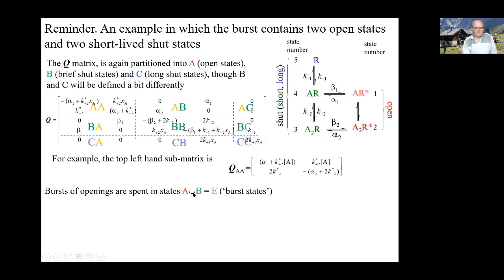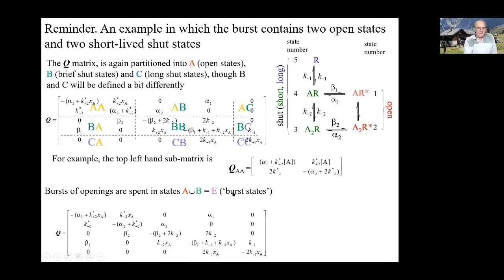So it's the union of A and B. If we partition the Q matrix in that way, we get QEE here. This contains all of the states that it can be in within a burst, and QCC here, the states, only this one in this case, the entry into which defines the end of a burst.